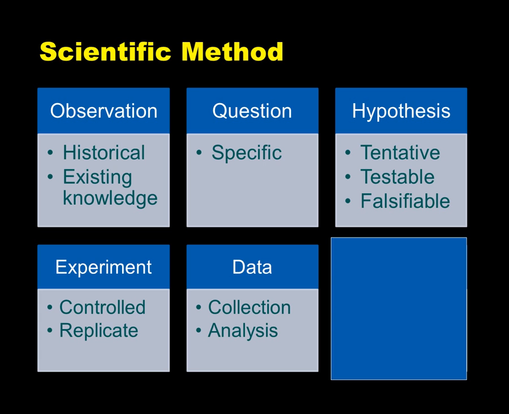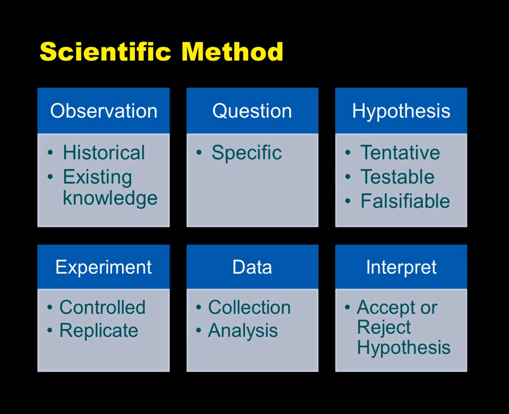Collect the data and analyze it. Once we collect the data and analyze it, what can happen? You draw your conclusions. You interpret that data, you draw your conclusions, and the big thing is you either accept or reject your hypothesis.